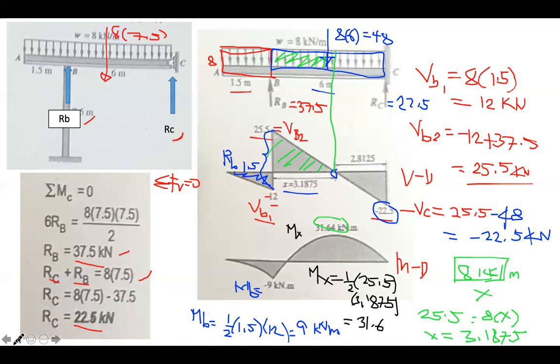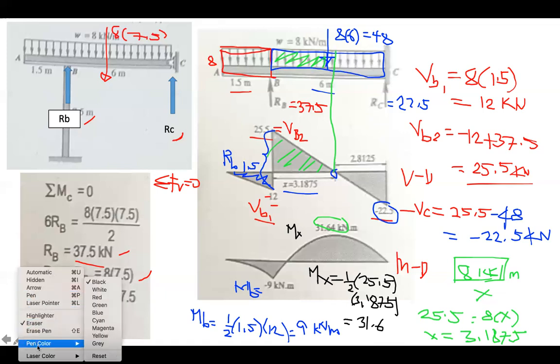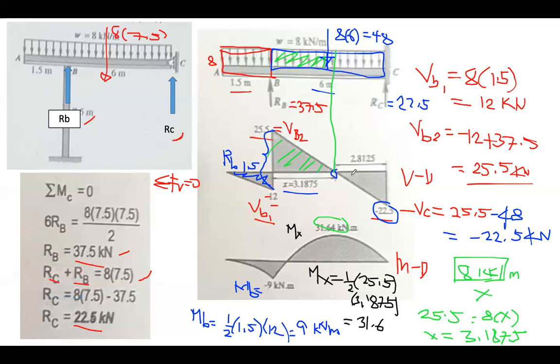Now you can check it, because this area should also be equal to 31.64 to make it 0. So 1/2 of 2.8125, how do you get this? It is just 6 minus 3.1875, so you got 2.8125. So this area is 1/2 of 2.8125 times 22.5.